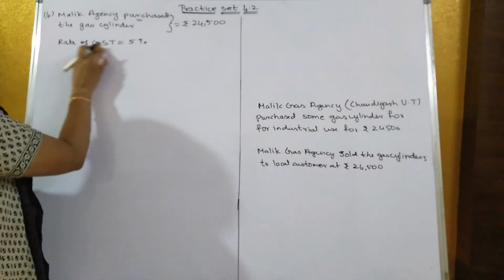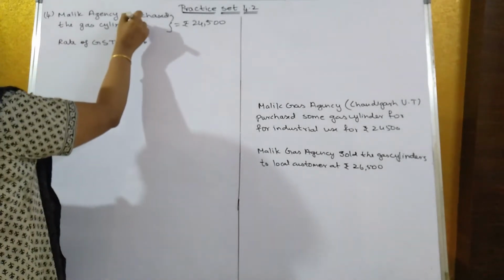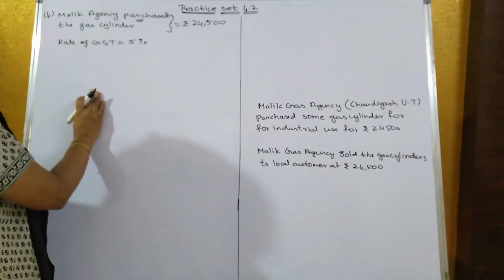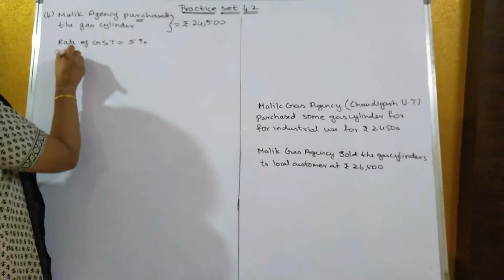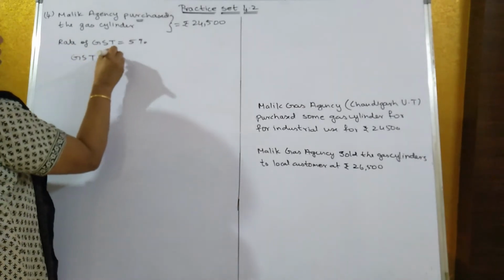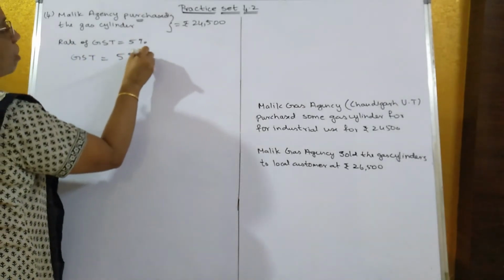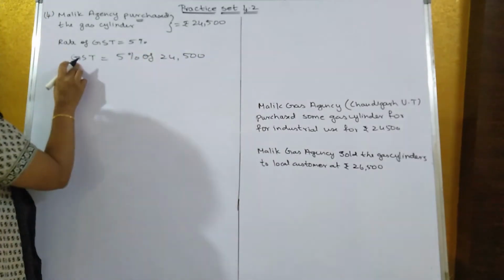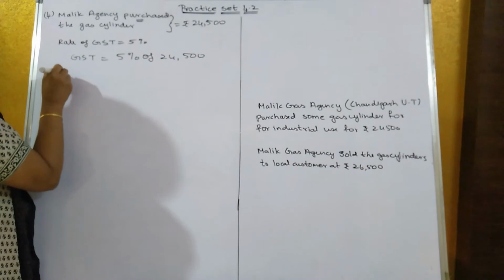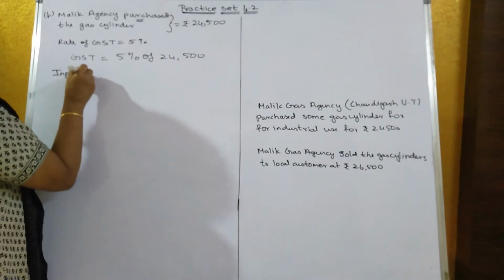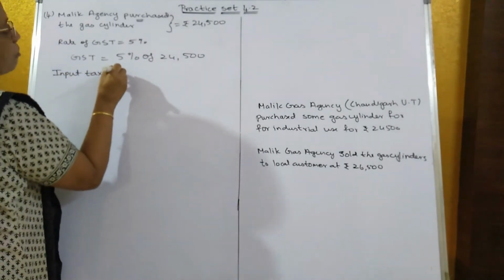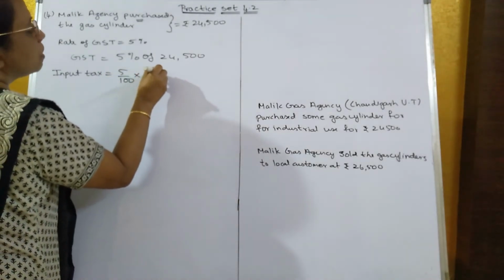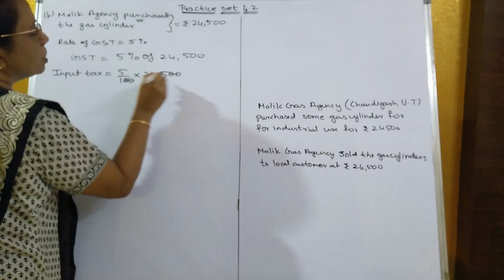So rate of GST is how much? 5%. Since it is purchased, so it will be what? Input tax. So GST is equal to how much? 5% of 24,500. So here the GST is what? Input tax. So input tax is equal to how much? 5 upon 100 into 24,500. 0 and 0 will get cancelled.